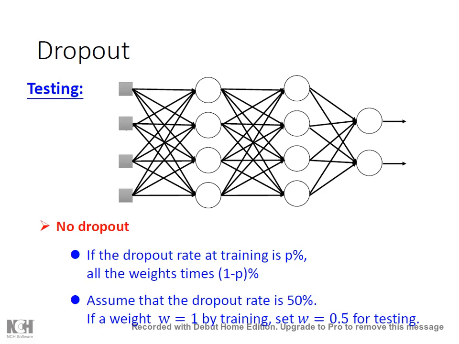If you set the dropout rate as p% in training, then when you use the whole network, all the weights should be multiplied by 1 minus p%. Suppose the dropout rate is 50%.